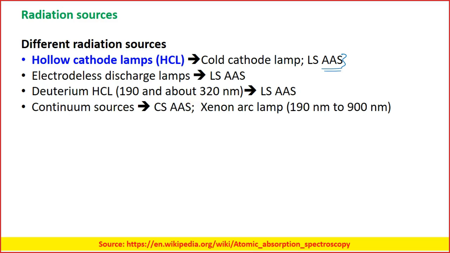From the blood we separate the serum, and within the serum these metal ions will be there. We analyze those metallic ions and find out the concentration of those ions within the blood or in a sample of water.